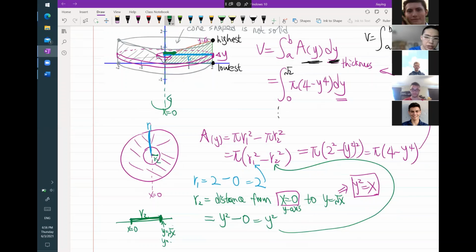So you get y squared equals x. So the point on the right is x equals y squared. The point on the left is x equals 0. So you can find the distance by using y squared minus 0, the one on the right minus the one on the left. So the y squared comes from squaring both sides of the equation y equals square root of x to solve for x.